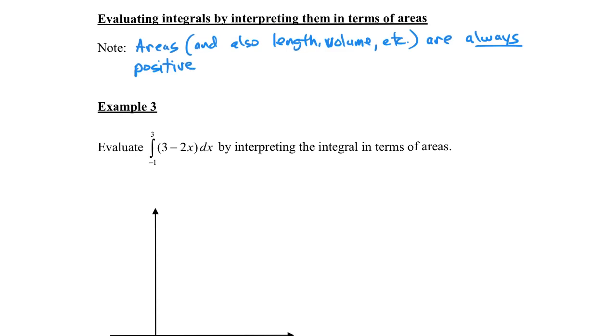If you ever measured anything on a tape measure and said, oh my God, I got a negative measurement, no, you didn't, right? Length, areas, volumes are always going to be positive.